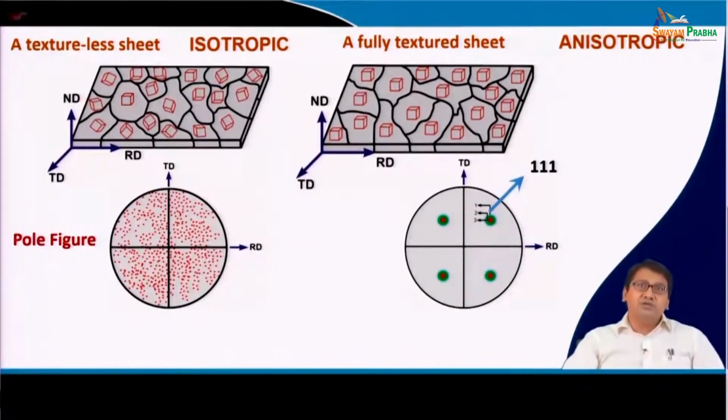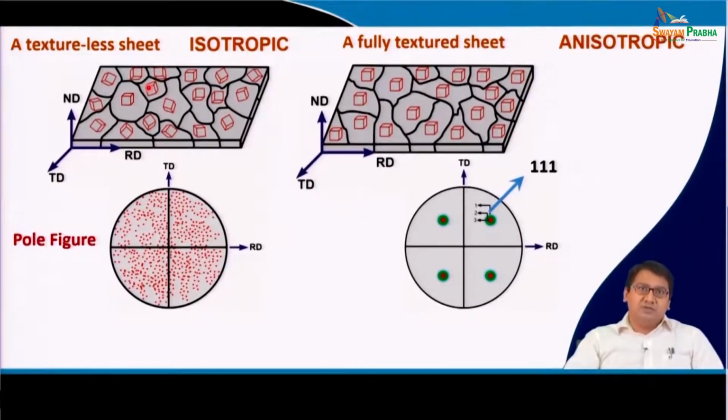And you see I am showing two sheets, and one of the sheets is a textureless sheet. What does a textureless sheet mean? A textureless sheet means that there are a multiple number of grains present in the polycrystalline material in this sheet metal, and if we consider each of these grains as a single crystal, then each of these grains will have different orientations, and they are randomly present.